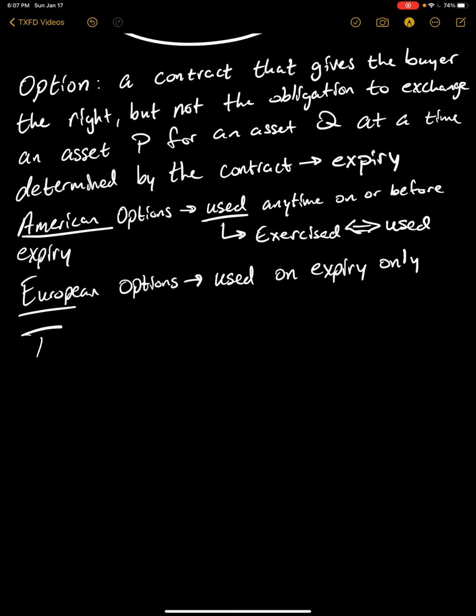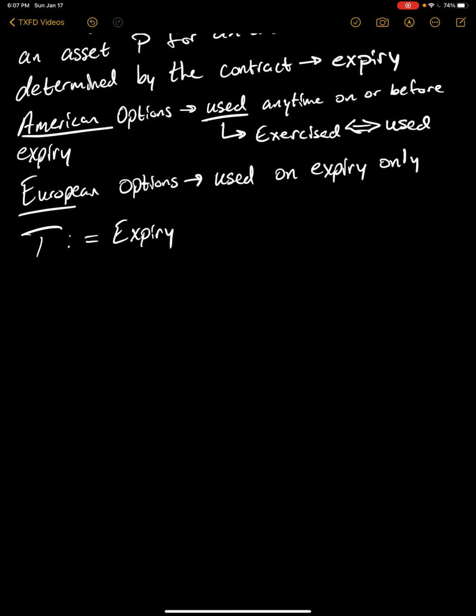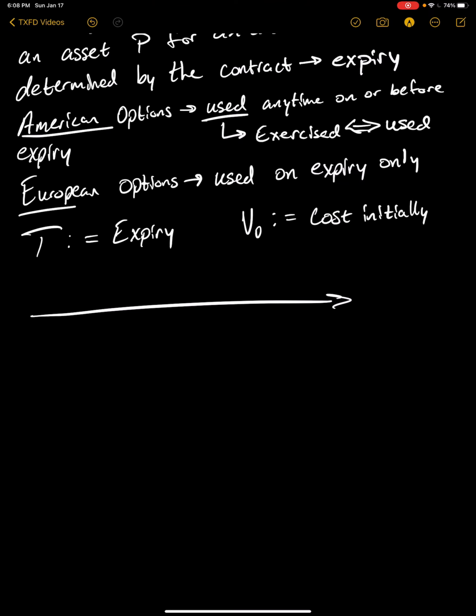And so we'll define T to be the expiry date. Let's draw a time diagram of what's happening here. You do have to pay for the right to have the option, so we'll say this is the cost initially, and this notation means defined.